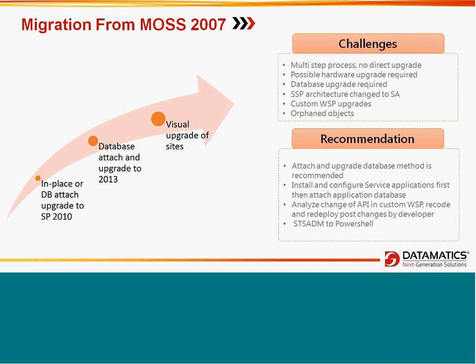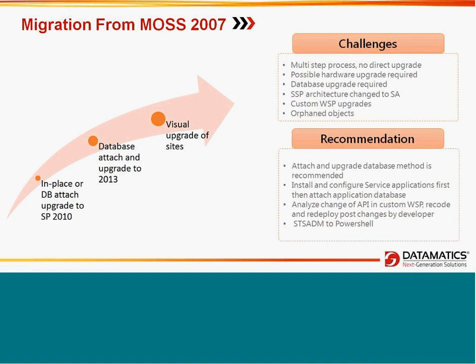As I was mentioning, for the migration checklist in our preparation stage, a broad level checklist could be the required hardware and software licenses. Hardware, because earlier versions like SharePoint 2003 and MOSS 2007 were supporting 32-bit architecture.